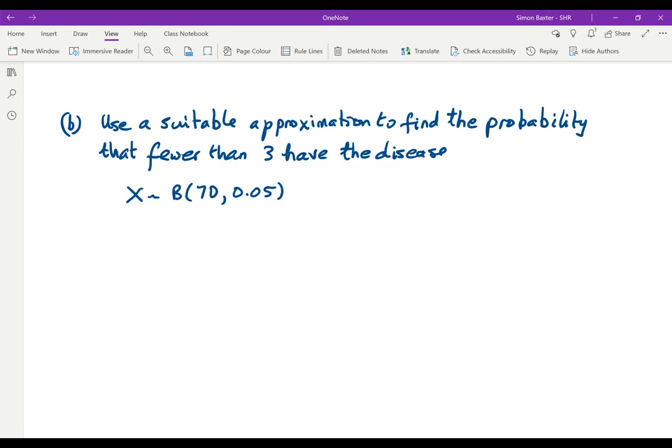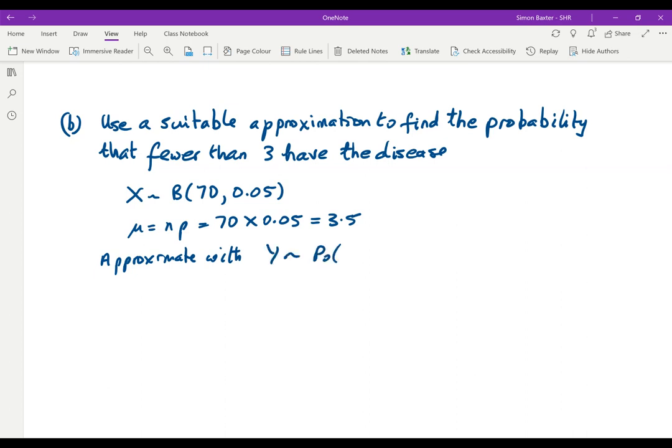The expected mean mu is np, 70 times 0.05, which is 3.5. So if we now approximate with y ~ Po(3.5), we're using a Poisson distribution with mean 3.5 as an approximation.